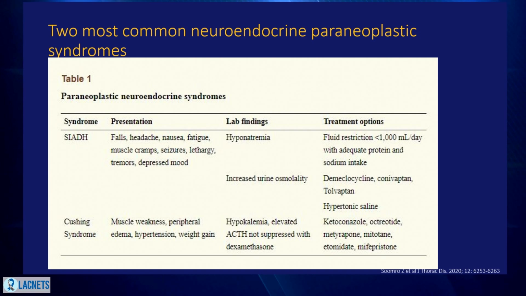This slide again shows some of the presenting features. For example, somebody has SIADH, syndrome of inappropriate ADH secretion. The patient on lab work will have low sodium levels, and on clinical presentation would have headaches, nausea, fatigue, muscle cramps, and in severe cases seizures. So those are some of the telltale signals.